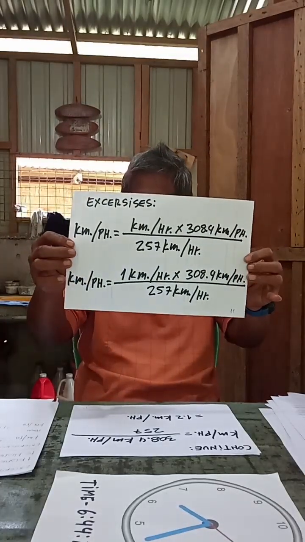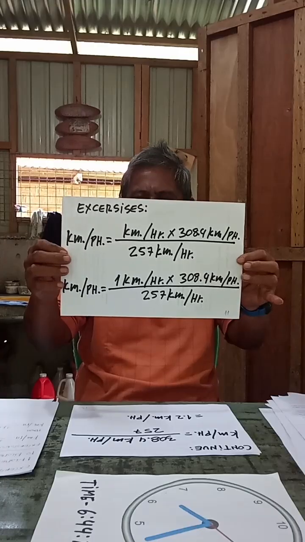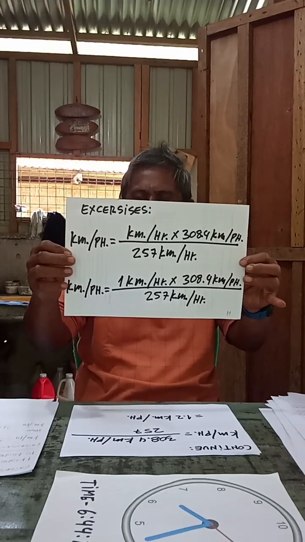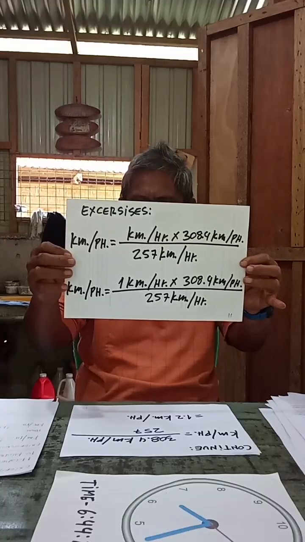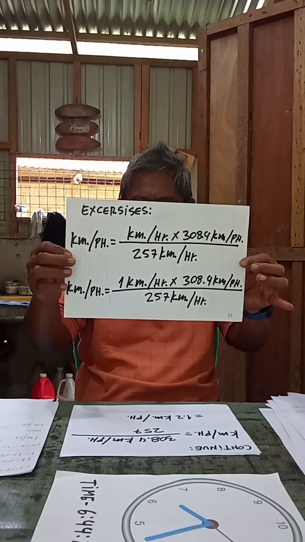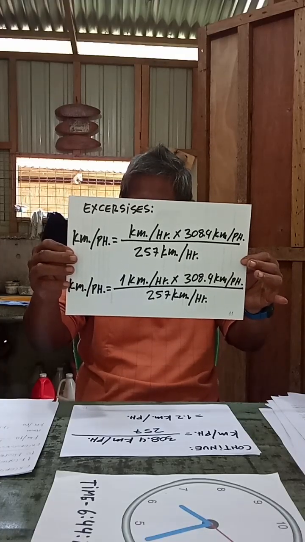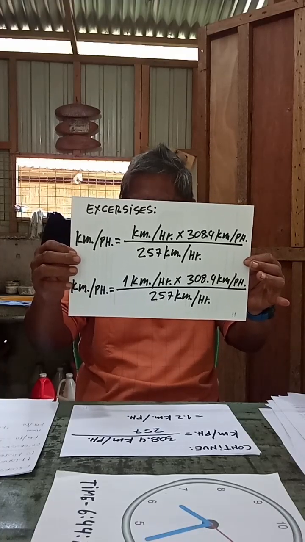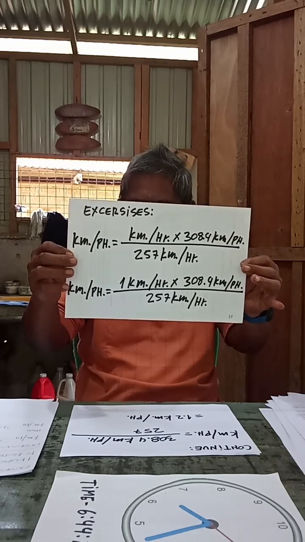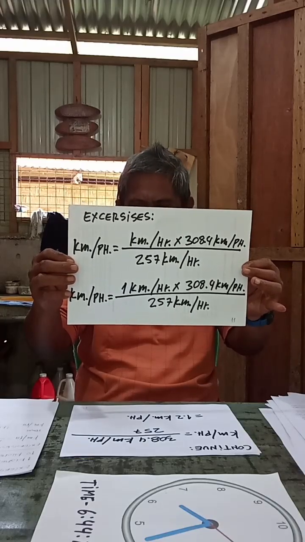Kilometer per perihour equals 1 kilometer per hour times 308.4 kilometer per perihour over 257 kilometer per hour.